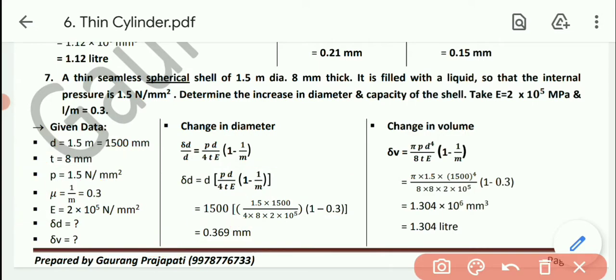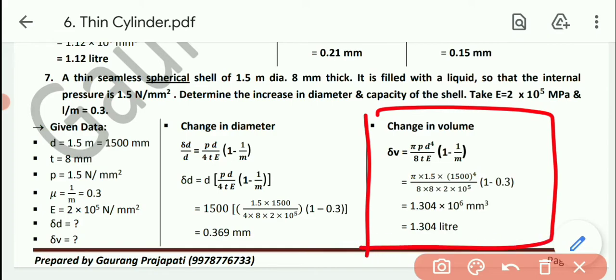So this indicates the change in the diameter. Okay, now let's calculate change in the capacity, or we can say change in the volume. Formula stands for pi into PD raised to 4 divided by 8tE in the bracket 1 minus 1 upon m. Let's put down the value, pi. Now P stands for 1.5.